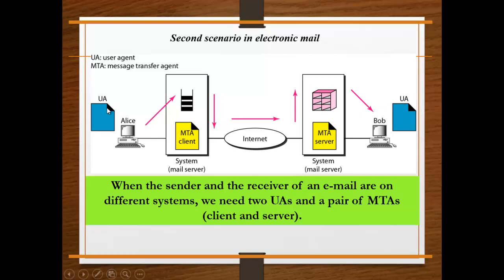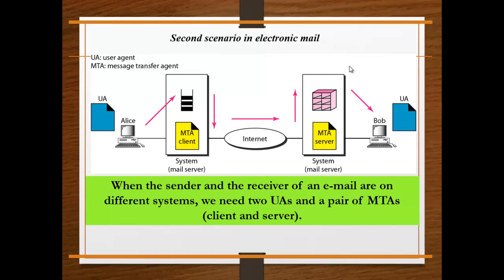Here, when Alice wants to send a mail to Bob, she will use the user agent first, write the mail, and store it in the queue of the MTA client. The message transfer agent works as a client server process, since they are connected to different systems directly. That is, both have the CPU.